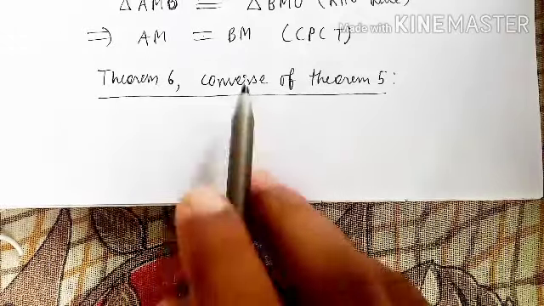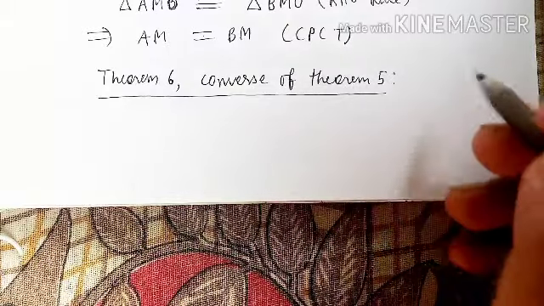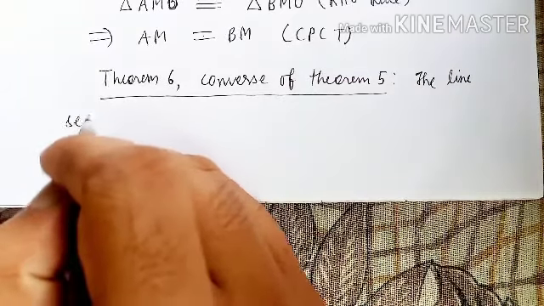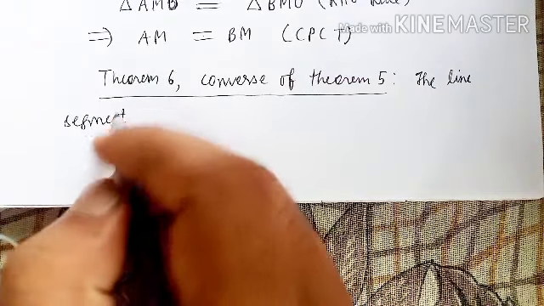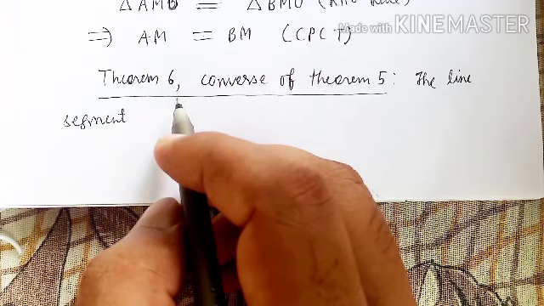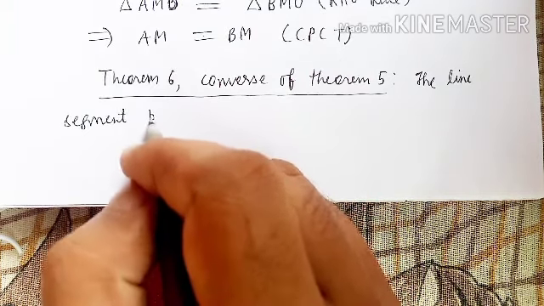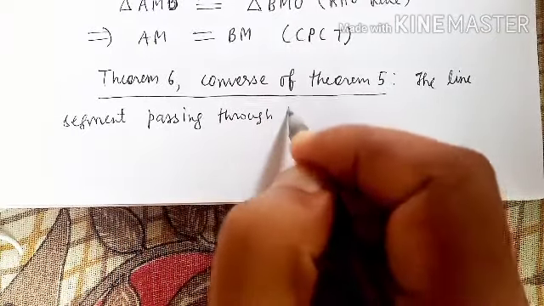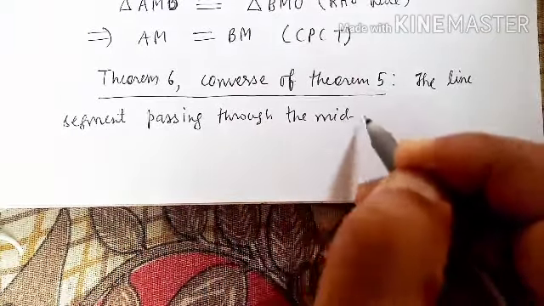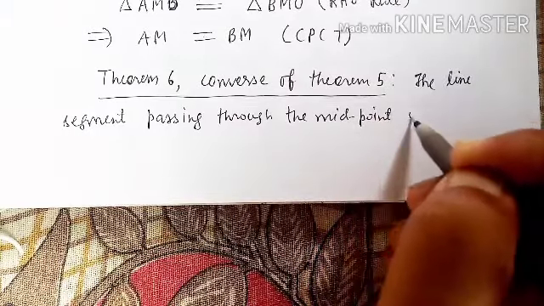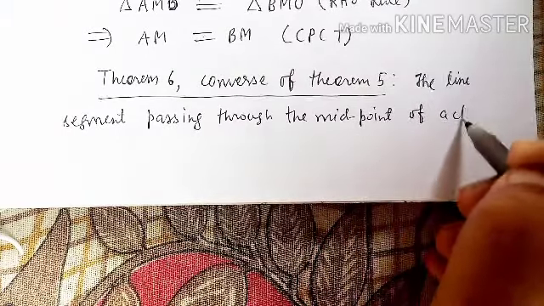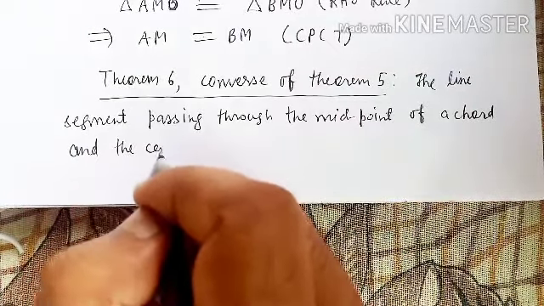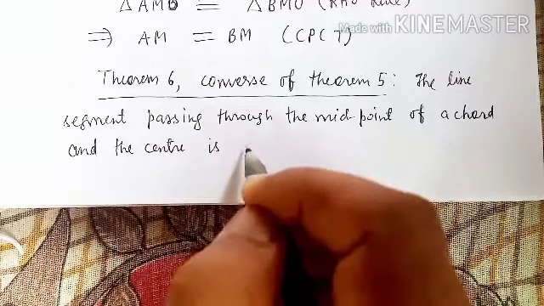Now theorem 6, the converse of theorem 5. The line segment passing through the midpoint of a chord and the center is perpendicular to the chord.